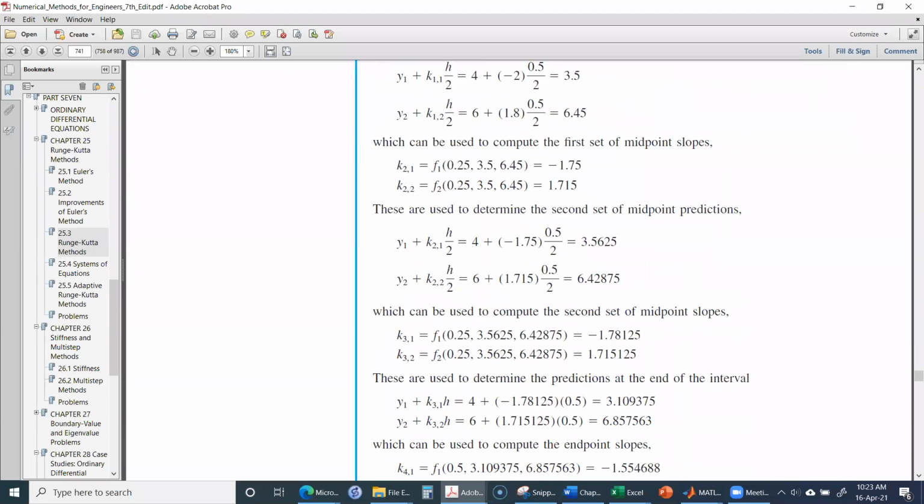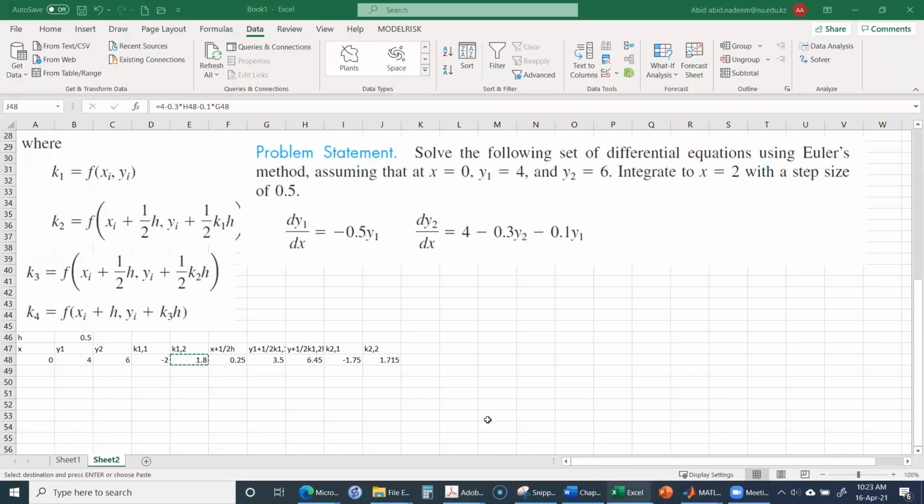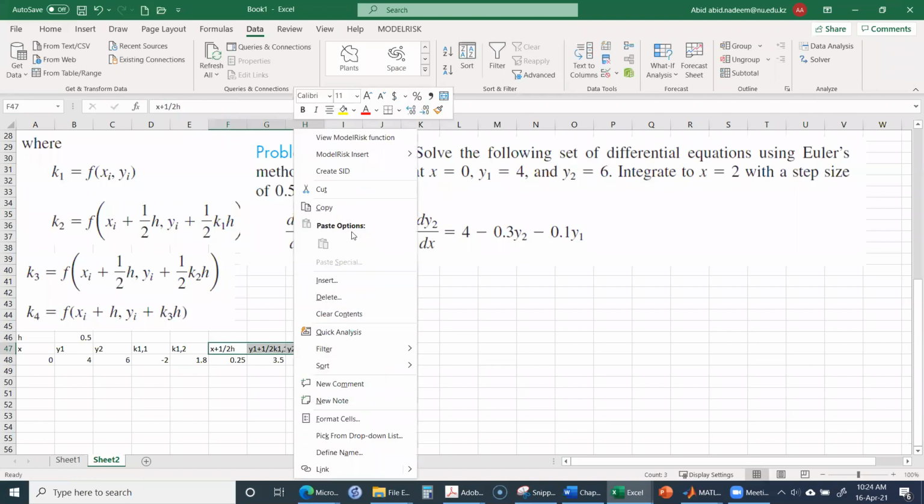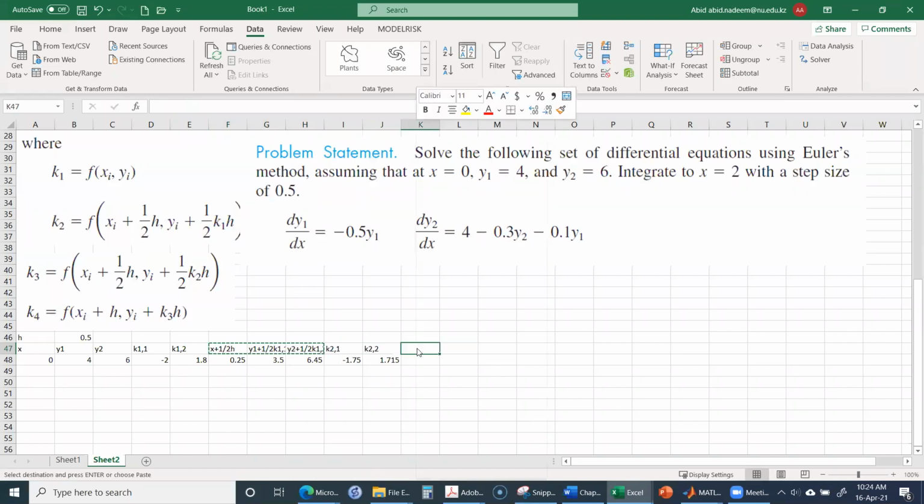So next, for K3, we will repeat this process. For K3, we need to find these coefficients again, because K3 is x plus 1/2 h, and then y1 plus 1 by 2 K2h.